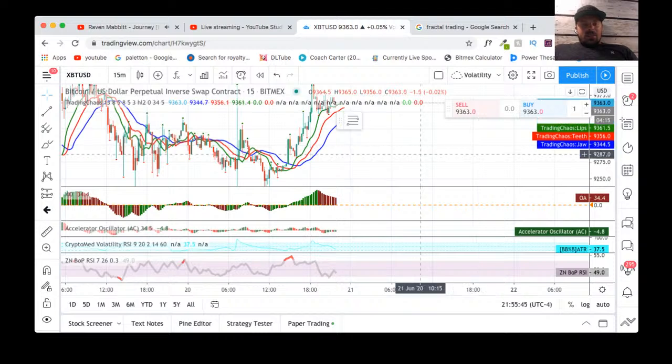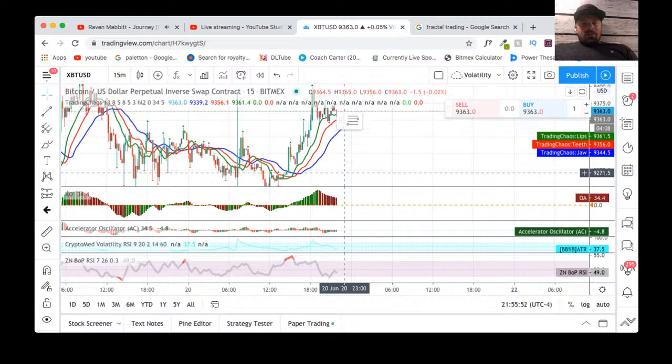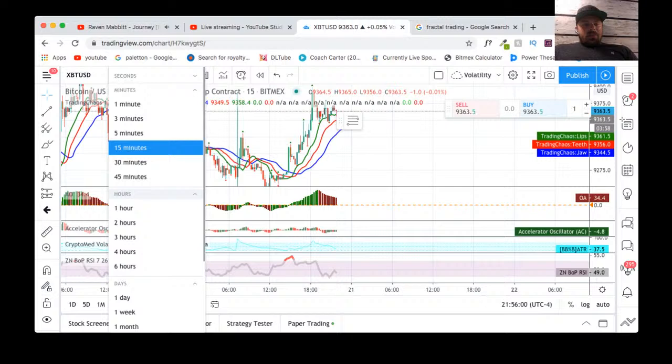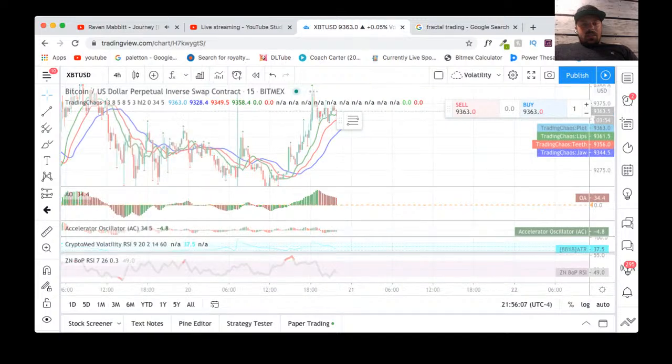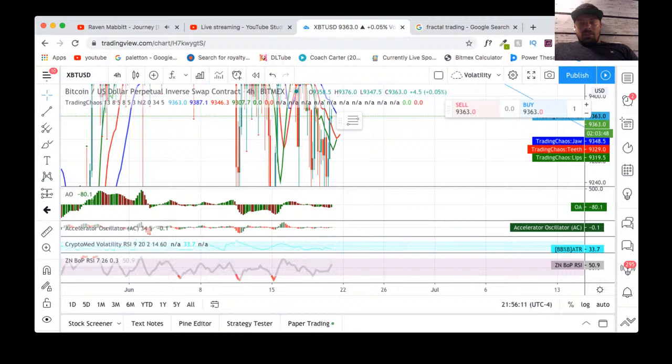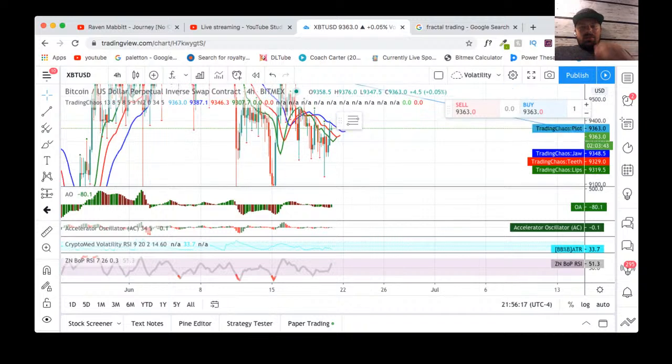Alright. So if we look at the time frame, we have some big moves here that just happened. Look at the 4-hour. I'm going to talk about the AO for a second, and then we'll talk about Williams fractals and how to trade based on the Williams fractals. So yeah, we have a saddle.